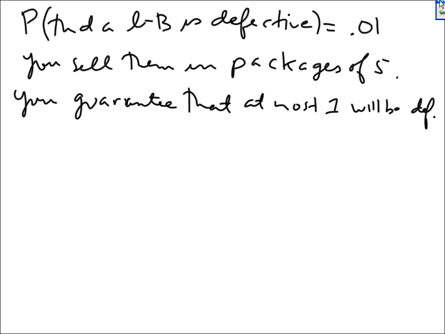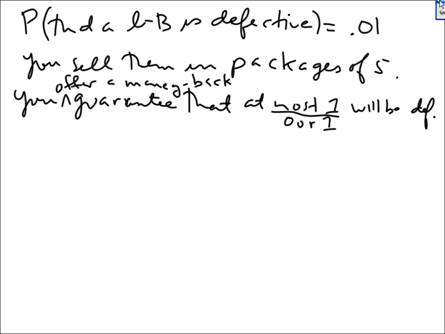If more than one is defective, you give your money back. If one is defective, don't come bother us. We're not going to give you your money back. But if more than one is defective, you get your money back. At most one means 0 or 1 will be defective.